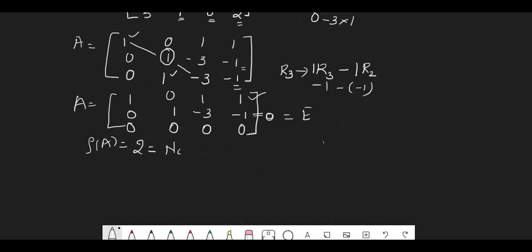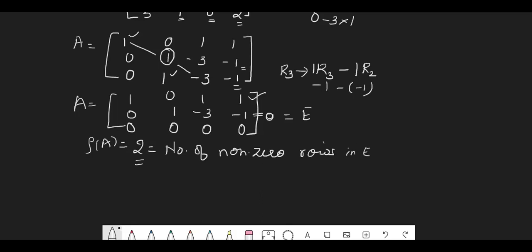It is the number of non-zero rows in E. After reducing, whatever matrix you get is called E. So this is a non-zero row. Second one is also a non-zero row. Count them. So there are 2 non-zero rows and the last one is a 0 row. Leave it. So altogether the rank of this matrix is 2.